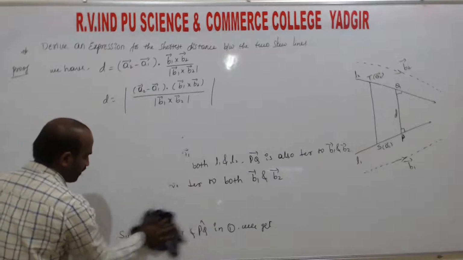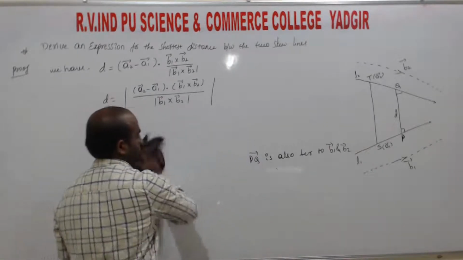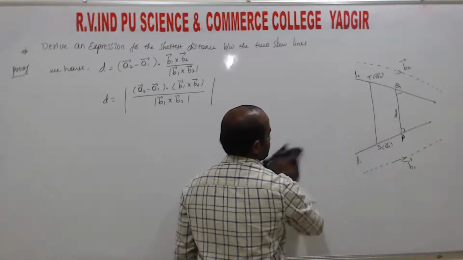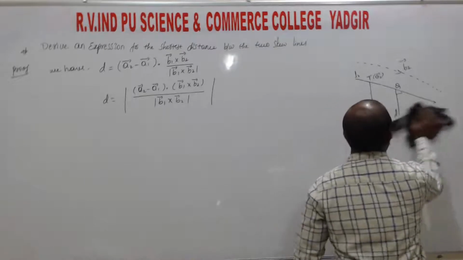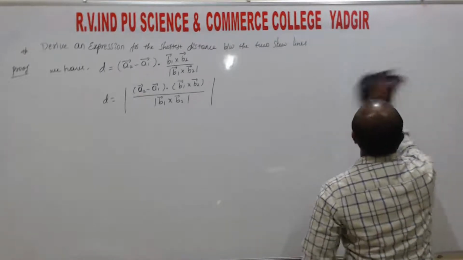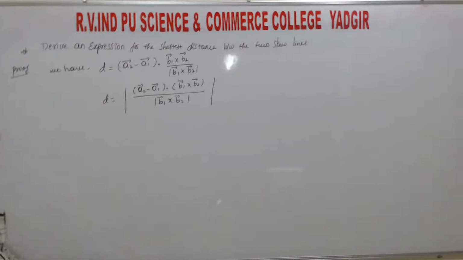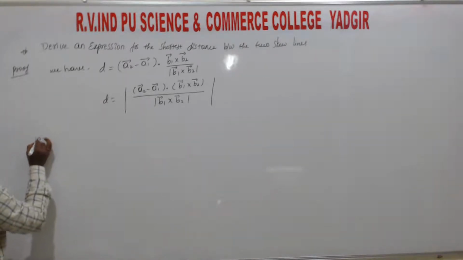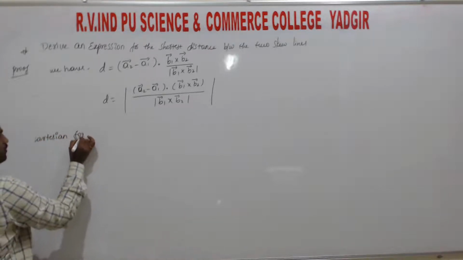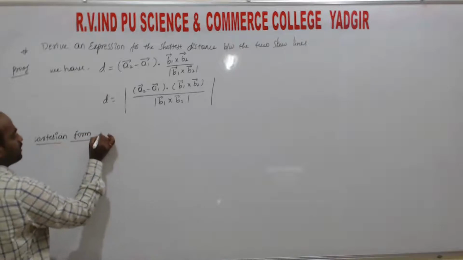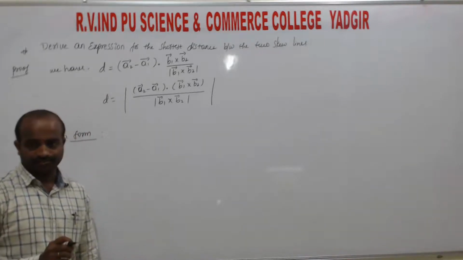Next, Cartesian form. In this part, only 3 marks problems are important.